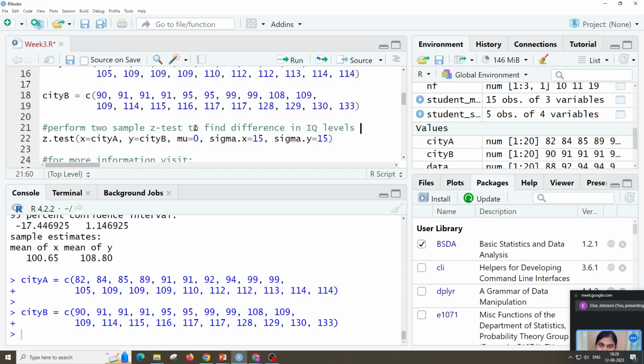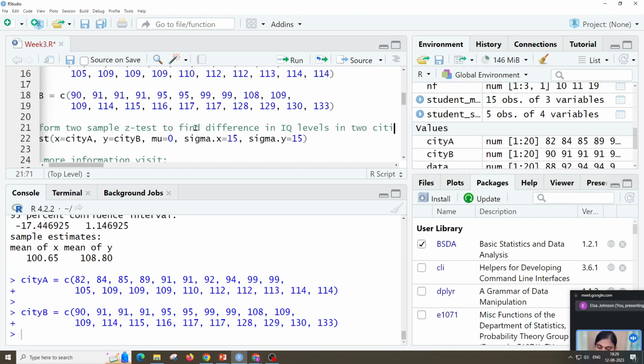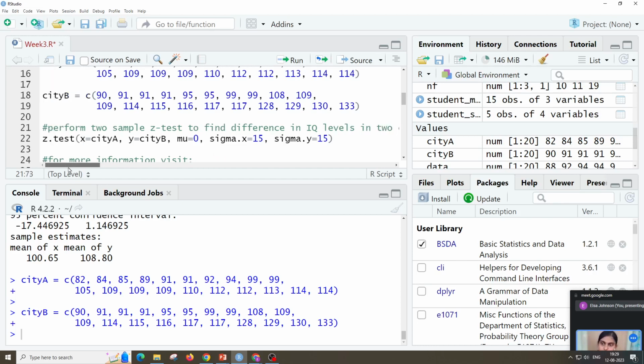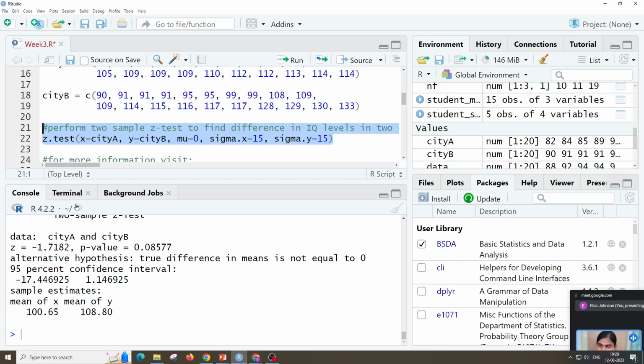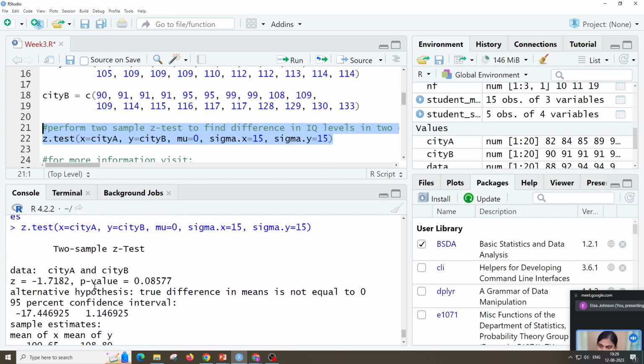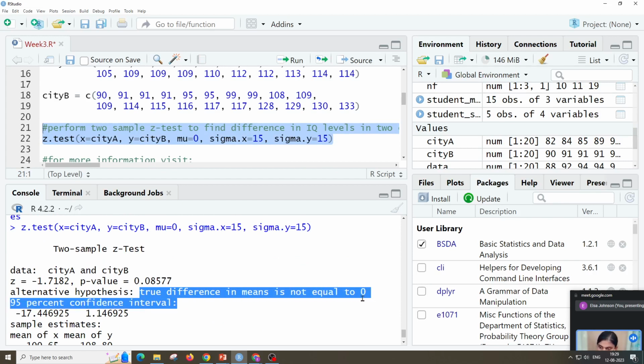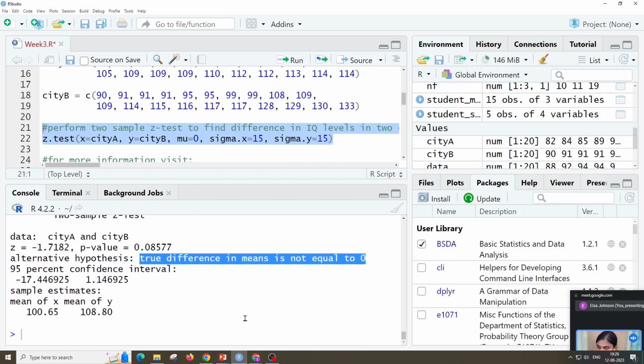If you have to find out the IQ levels in two cities, then you have to give mu as 0 because there shouldn't be any difference between the two cities. If you run like this, then you can see the z value, p value like this. Here also, when you're checking it like that, it's not equal to 0.